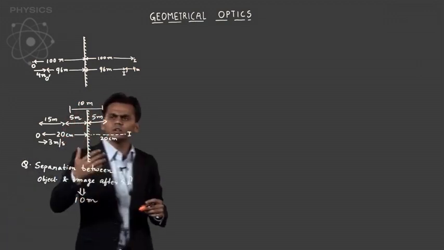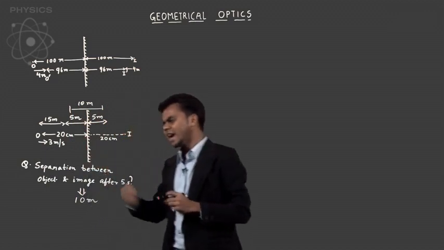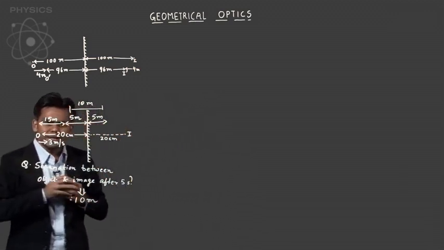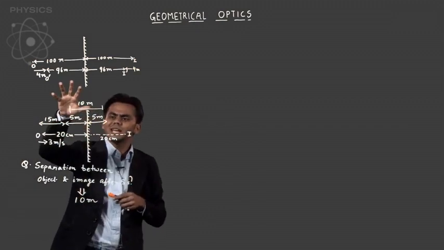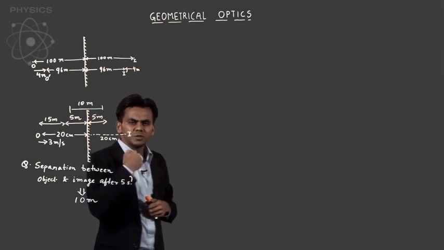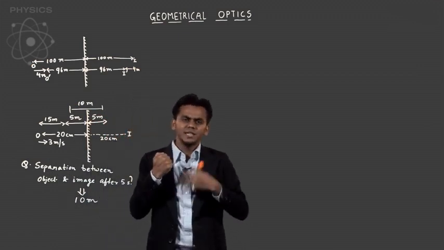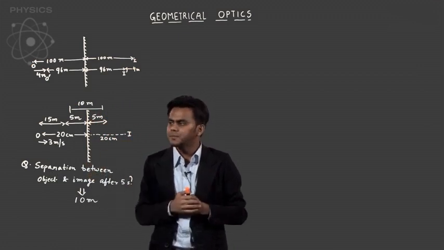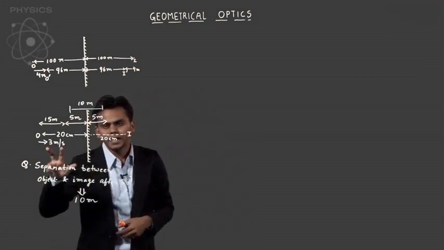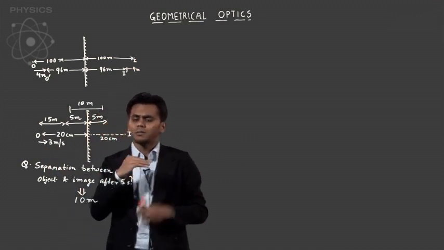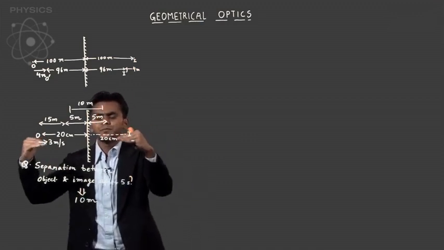There's one more method of doing this question. I know that image speed and object speed would be constant based on this discussion. So if image speed and object speed are equal and constant because my plane mirror is at rest, this 3 meters per second is also the speed of the image, and by that amount the image is coming closer to the mirror.